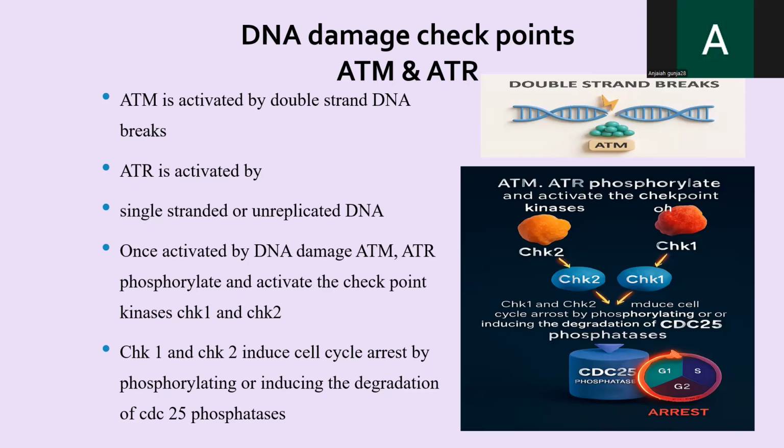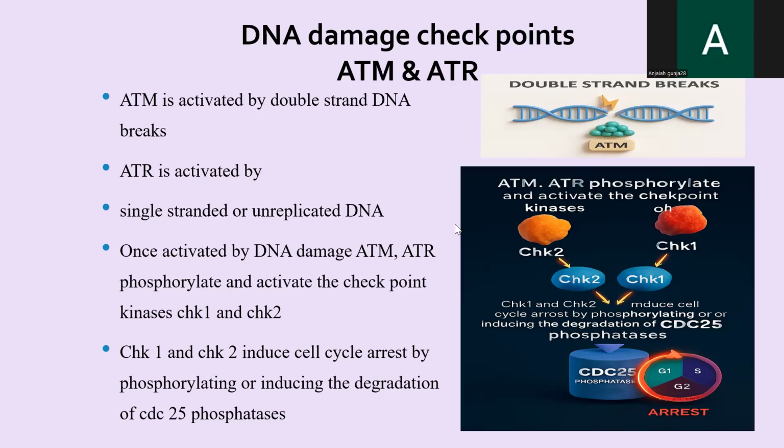There are two, CHK1 and CHK2. They will induce cell cycle arrest by phosphorylating or inducing the degradation of CDC25 phosphatases. In this manner, if there is a detection of double strand breaks or single strand breaks, then these kinases, via ATM and ATR, are phosphorylated and activated, and they will arrest the cell cycle.